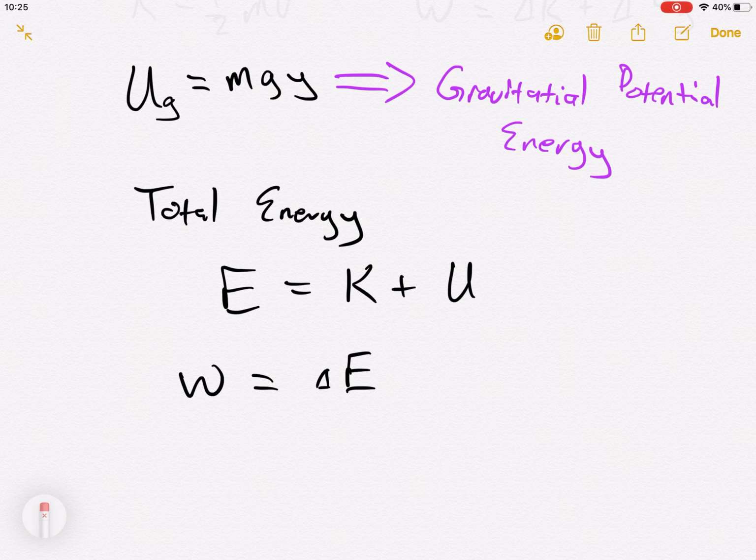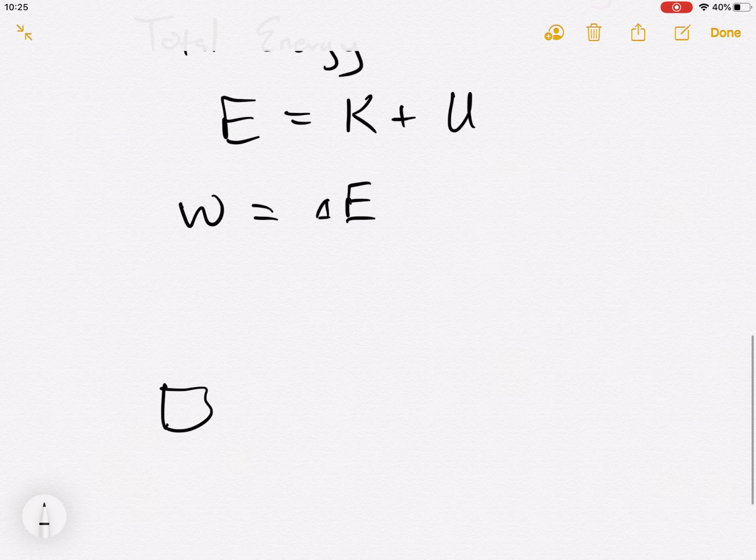Let me typify this by giving an example of a force that is not conservative. The work that it takes to push a box around a room depends on what path you take, right? If you take a straight line path from one point to another point, let me draw that. If I take a box and I'm putting it over here, this is initial, this is final.